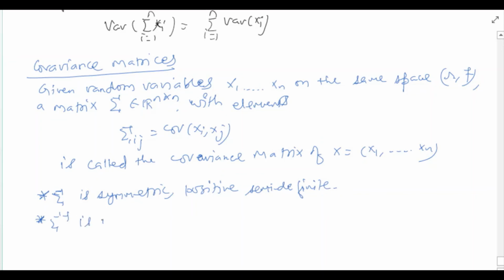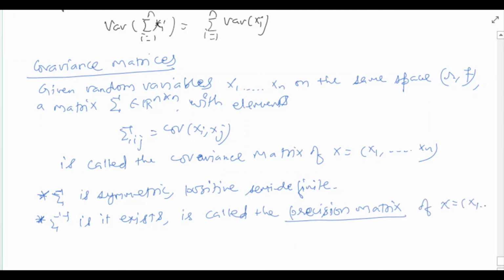If the covariance matrix is invertible, that is if the inverse exists, this inverse is called the precision matrix of the random vector x, that is x equal to x1 dot dot dot xn.